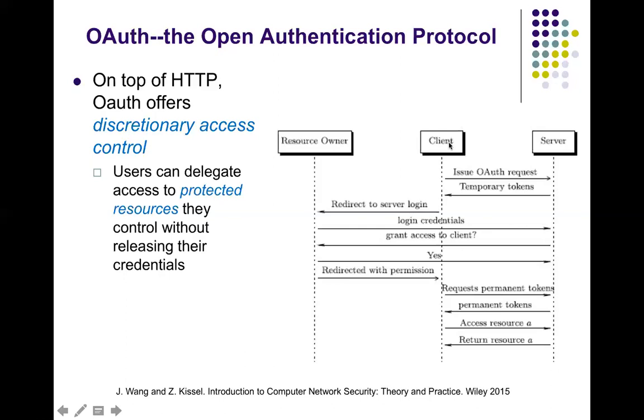So here there are three entities. The server here is the cloud. You think of this server as a cloud that runs the OAuth protocol, and the resource owner is the user who rents VMs and storage space from the server.